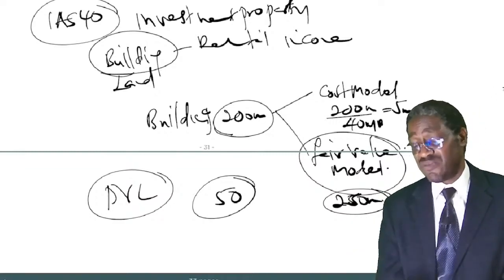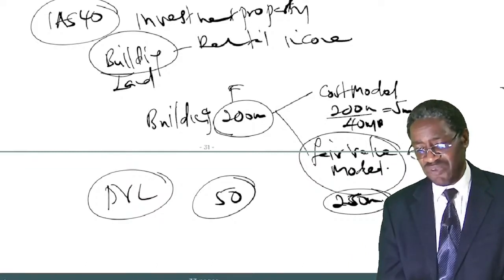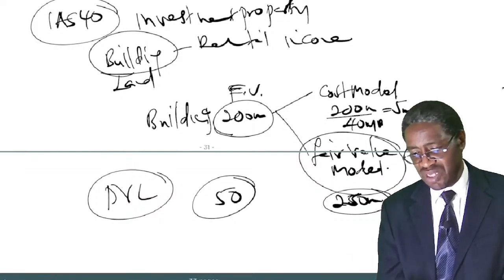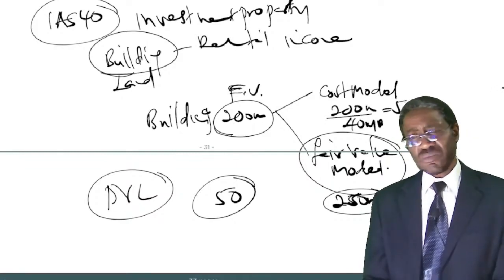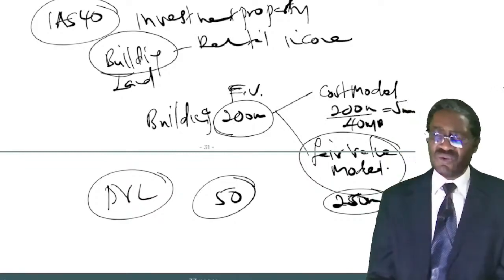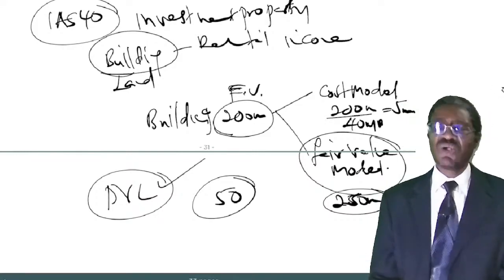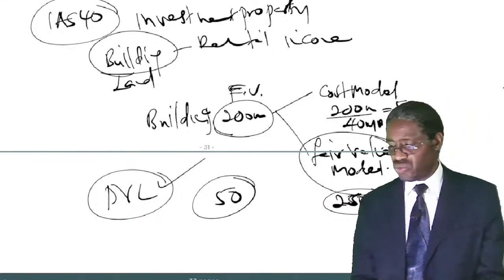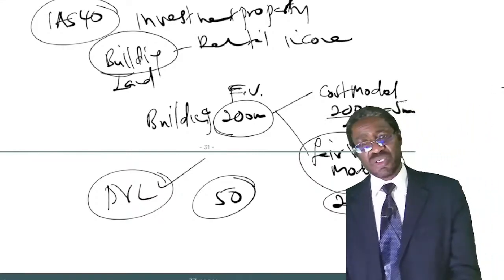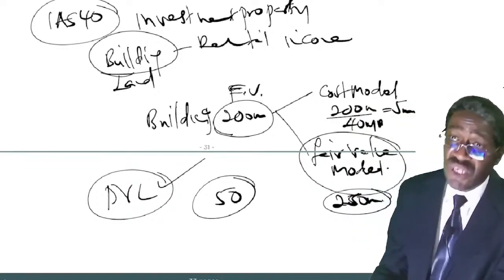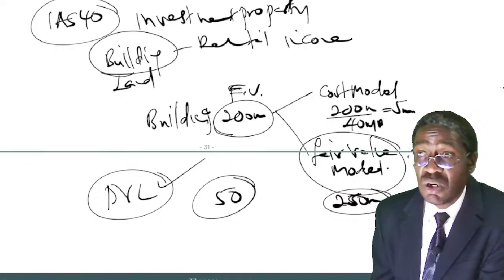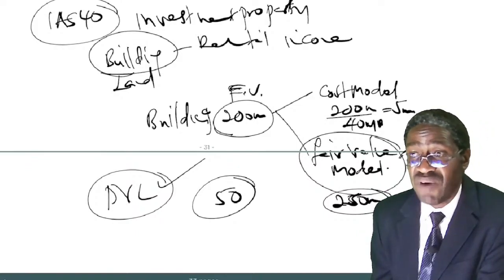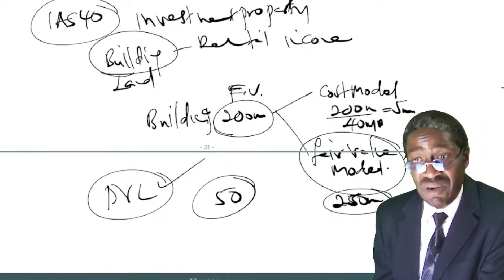That means the market value at that time was 200 million. But by the end of the year, it's worth 250. So that change in fair value should be taken to the profit or loss. So those are the two methods. So this question talks about which one? They are talking about the fair value model. Sawa. Good.